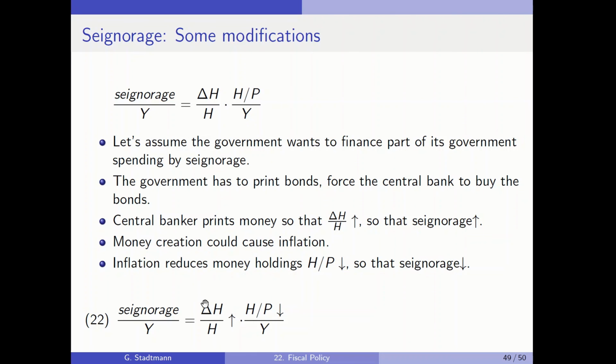This has a positive effect on seigniorage, but then inflation occurs and the private sector holds less money, and therefore this term decreases. So we don't know what happens to seigniorage, whether the government is able to finance its operation by printing money.